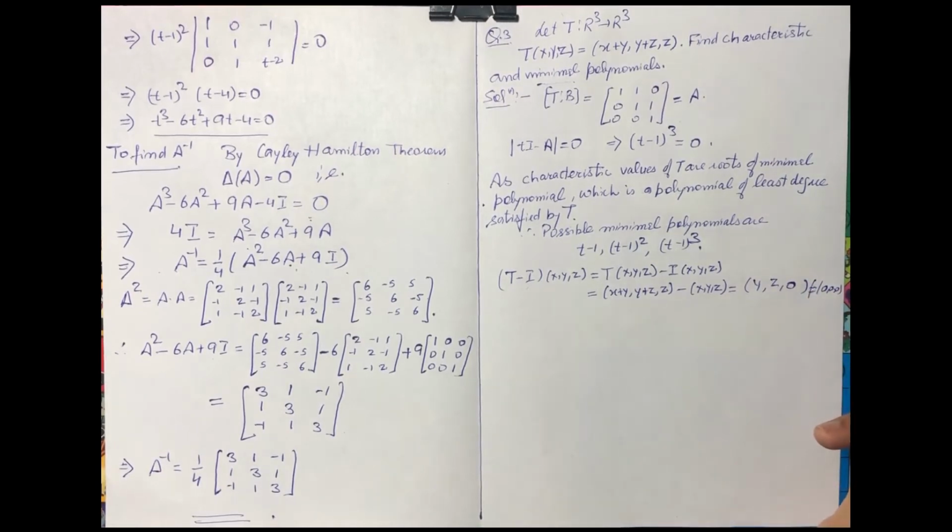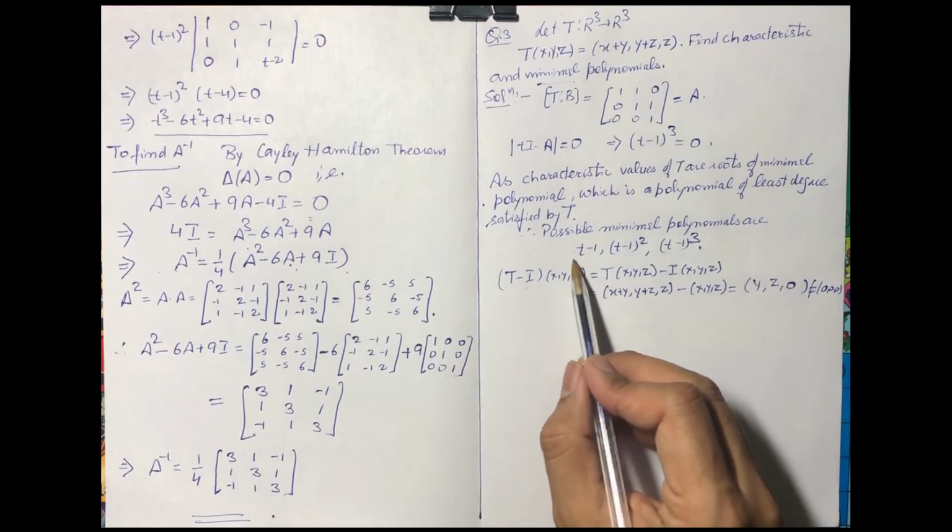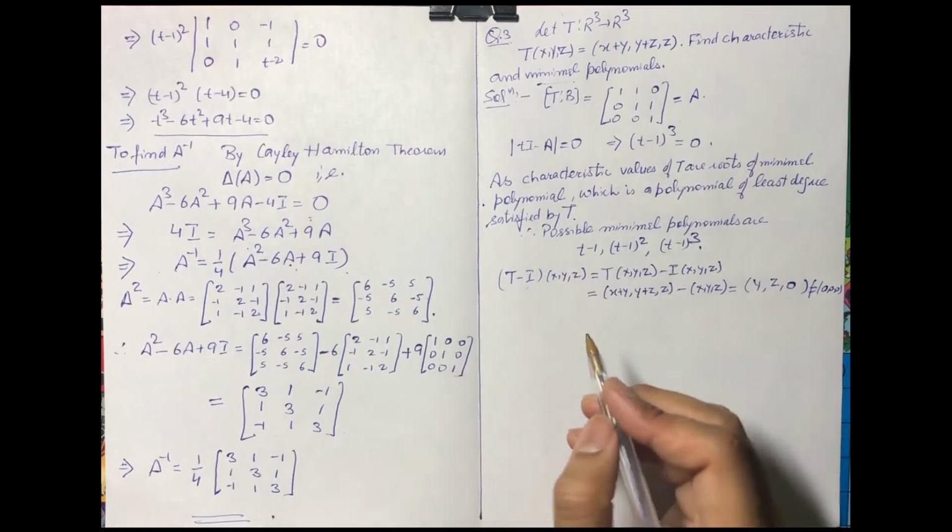So T minus I, or small t minus 1, is not the minimal polynomial.